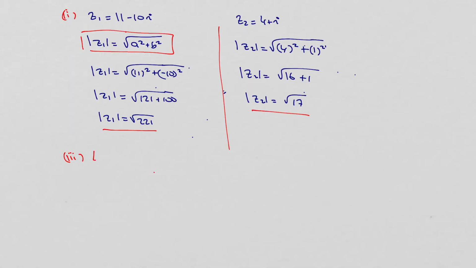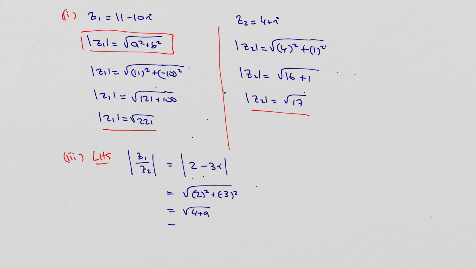So in other words, let's look at the left hand side first. So that's the modulus of z1 over z2. So that's the modulus of 2 minus 3i, which is the square root of 2 squared plus minus 3 squared. So that's 4 plus 9, which is the square root of 13.